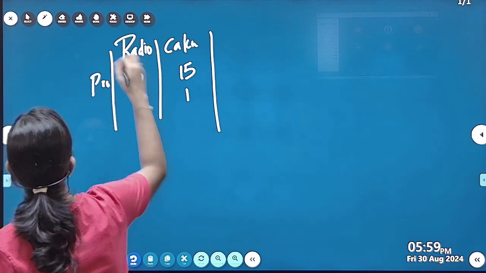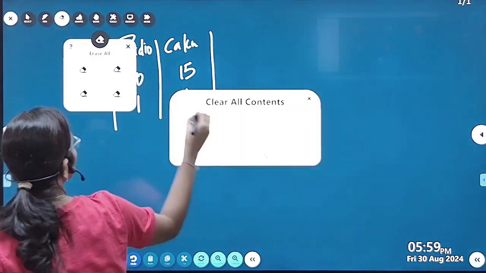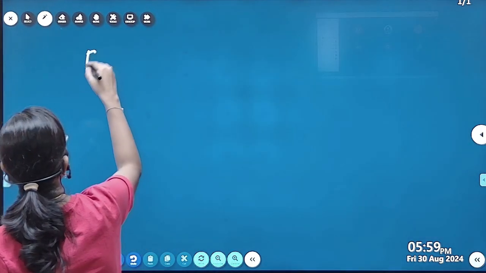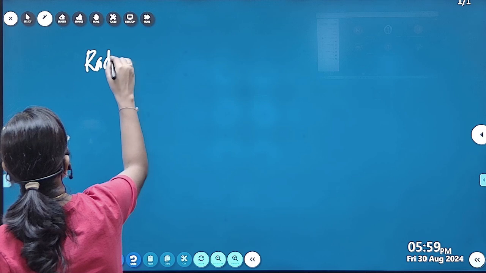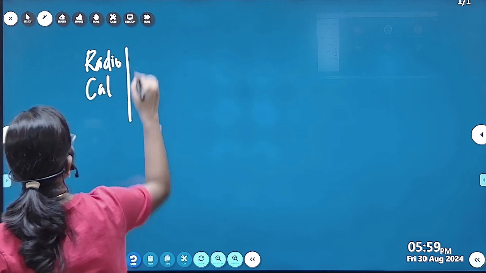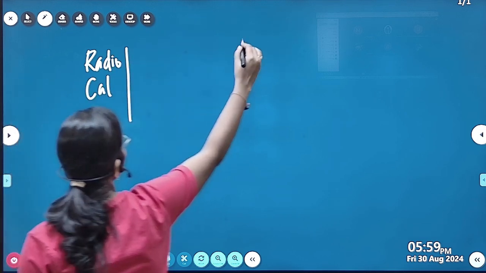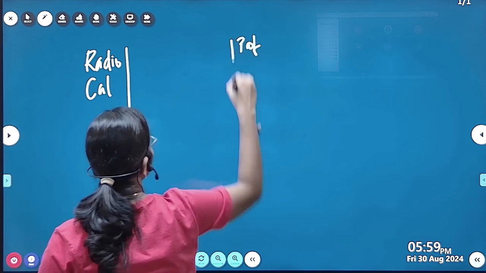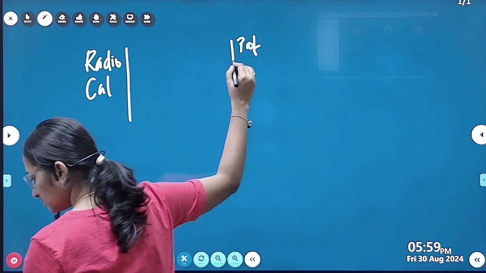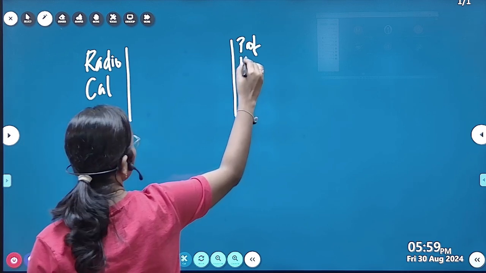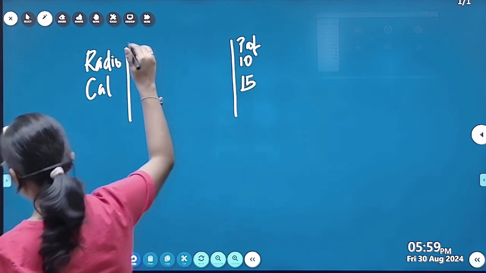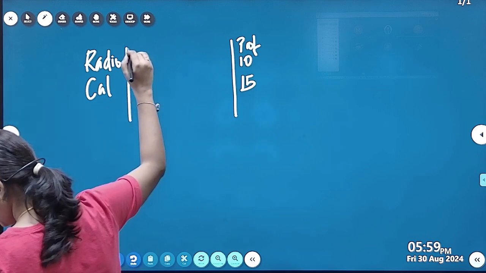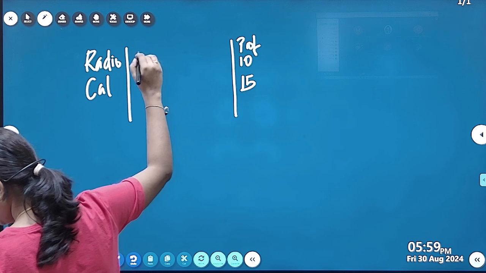I think the table should be like this. Erase this. Radio and calculator. So tell me the profits. We'll write in the last. Tell me the profits. 10, 15. And tell me this, resistors and diodes.